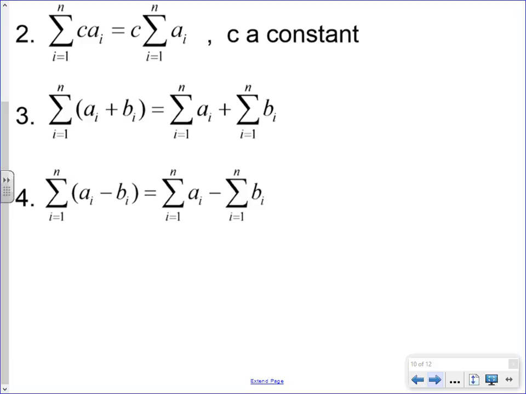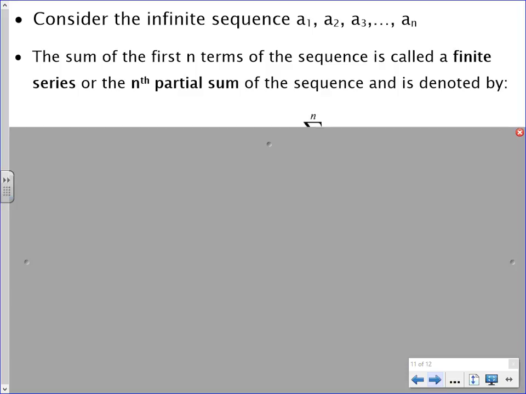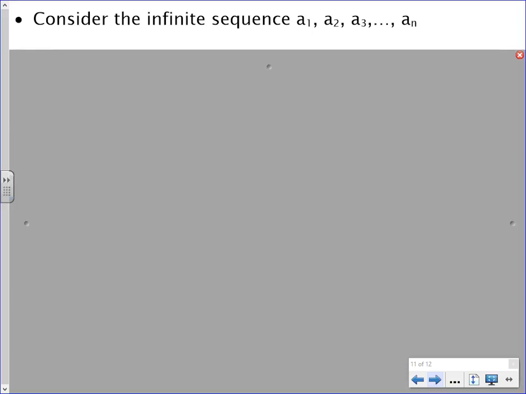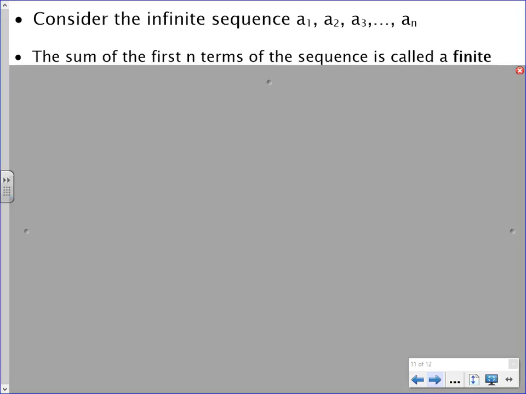All right, a little bit of terminology about these sums. I talked about how we have finite and infinite sequences, correct? We have the same thing with sums. And remember, sums are also called series. So, let's imagine that we have an infinite sequence.